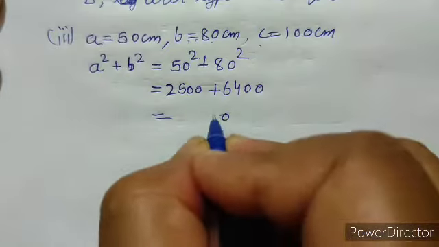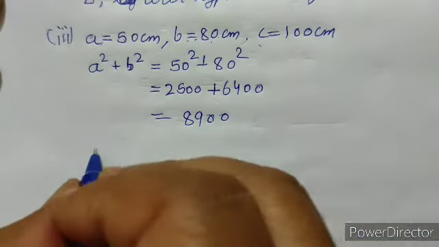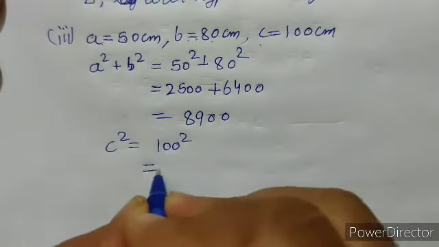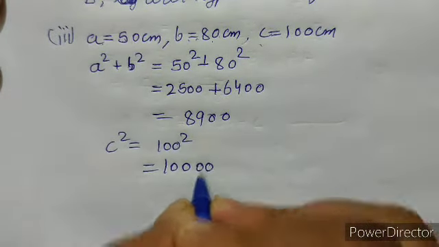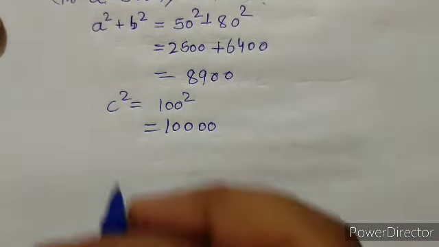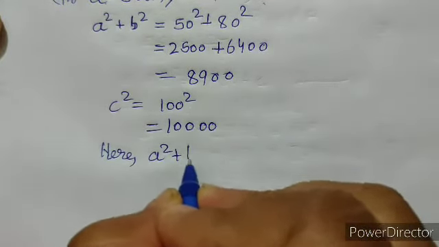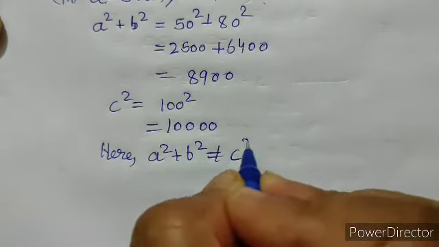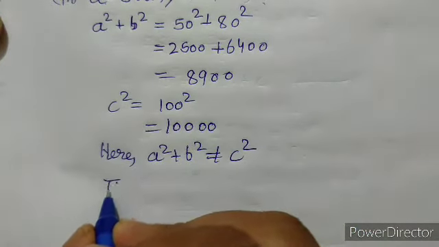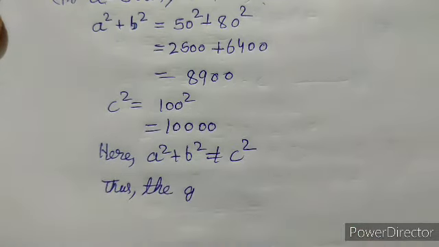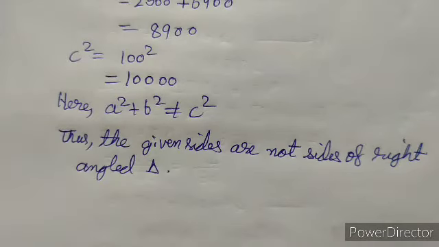This will be 8900, and C square will be equal to square of 100, and that will be equal to 10,000. Now here A square plus B square is not equal to C square. That means the given sides are not the sides of a right angled triangle.